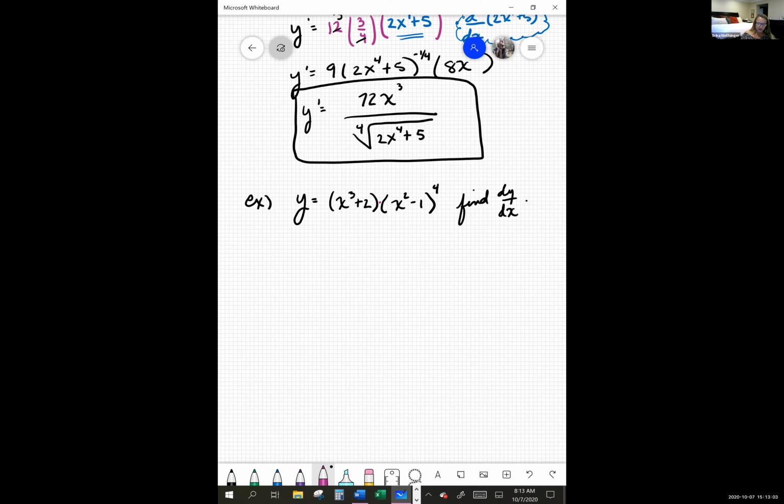So we have to use our product rule. And when we take the derivative of this piece, we're going to need the chain rule.